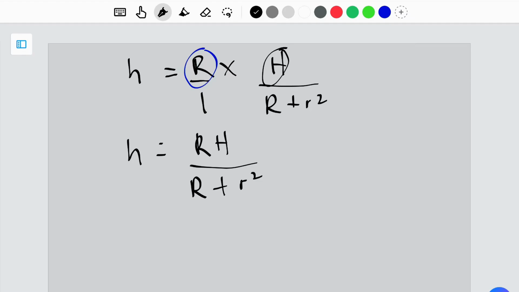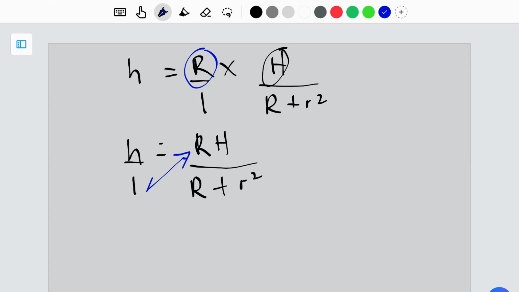What are we going to do? Let's have a look here. What we can do is what we call cross multiplication. We can put the h over 1 and cross multiply.